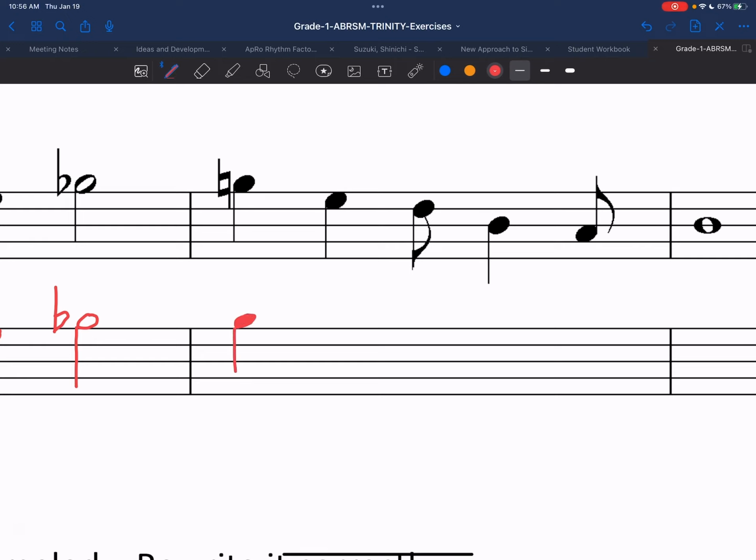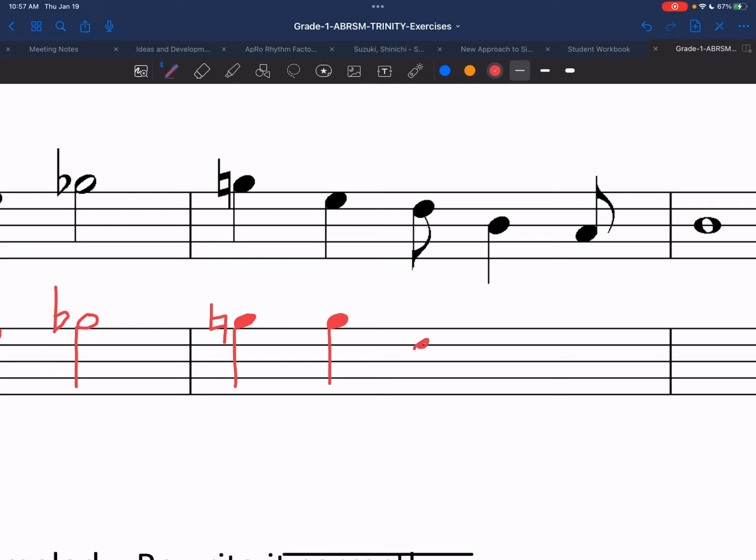You'll notice that as I draw my note heads, I'm going to color them in first and then add the stem. So I'm not going to draw a circle and then color, but instead I can just color in my circle just as I draw it.